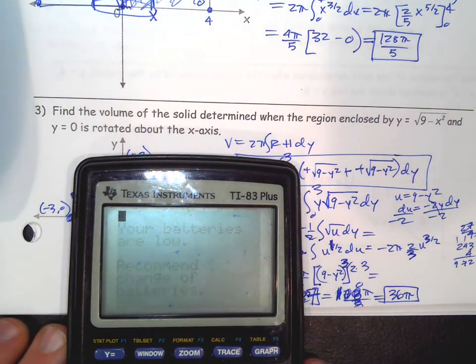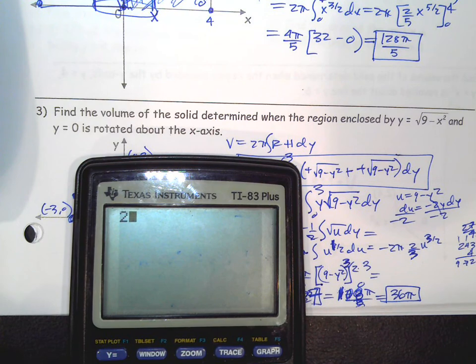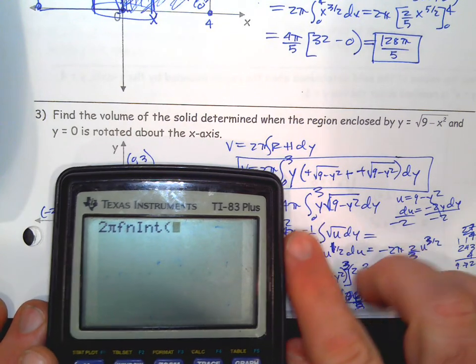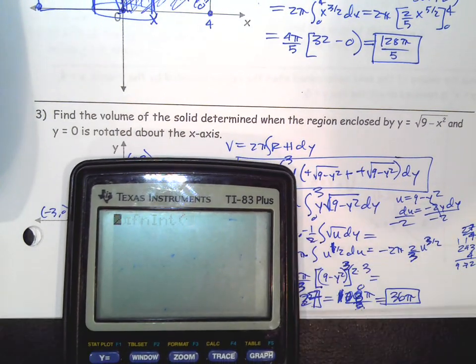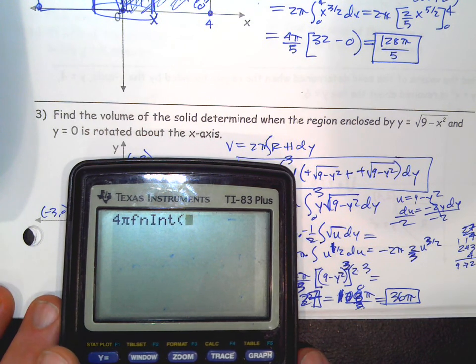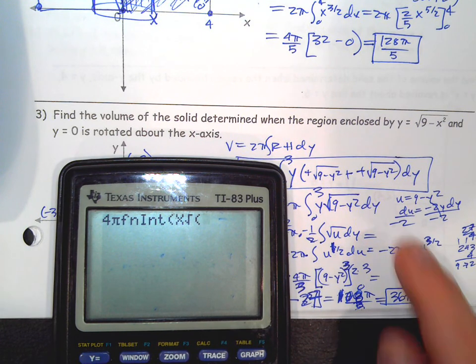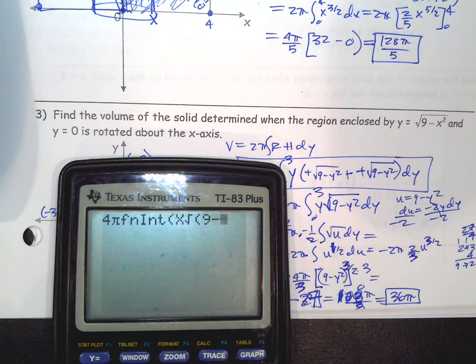Let's see if we can match this answer. 2 pi, math 9. I'm just going to plug in, or yeah, I don't know. Let's go 4 pi, math 9, x square root of, this is all inside, 9 minus x squared, close parentheses, on the square root, comma x, comma 0, comma 3.